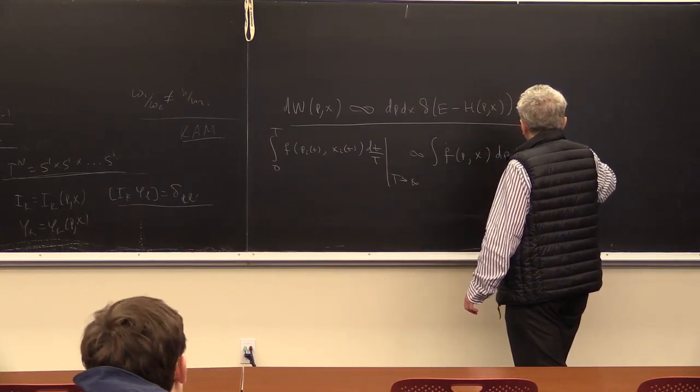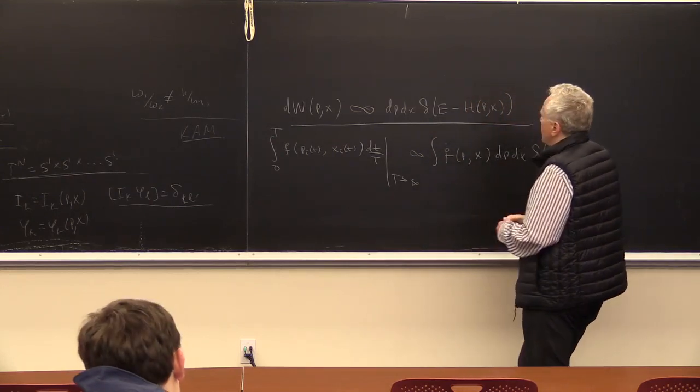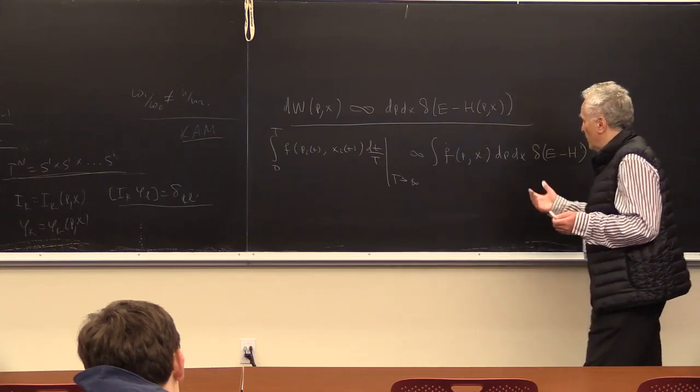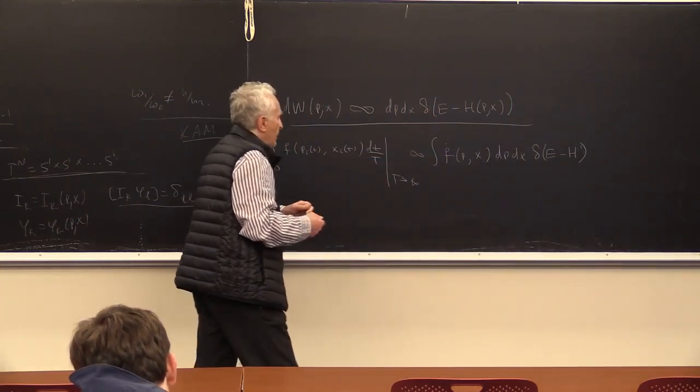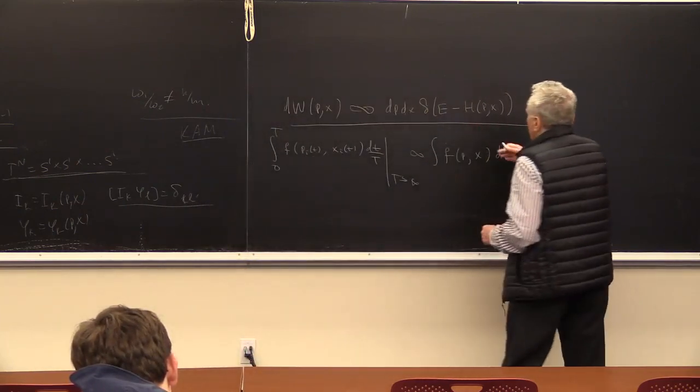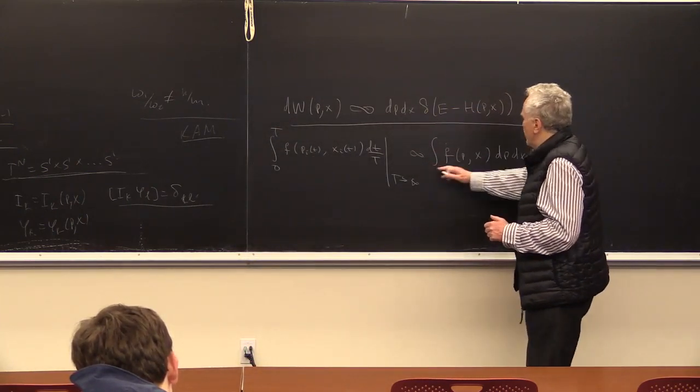When I say proportional, we also have to introduce a normalization. This probability is not normalized. And moreover, the volume of this phase space.